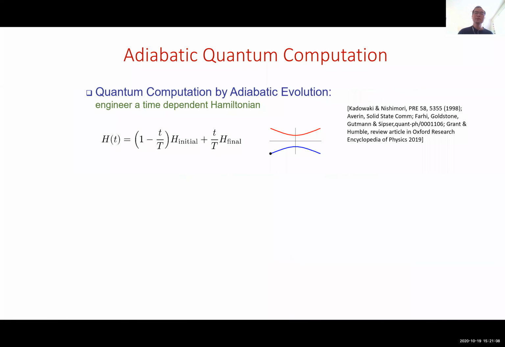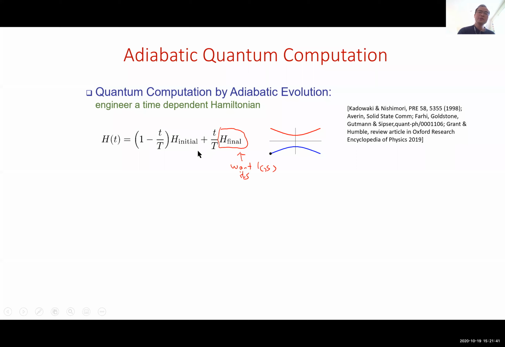Okay, so let me go directly to the adiabatic quantum computation. The idea is very simple. If you have some problem you need to solve, there's a Hamiltonian corresponding to that. Maybe you want the ground state of this Hamiltonian, but it's maybe very difficult to solve.